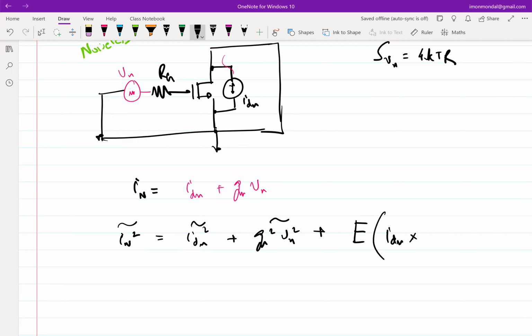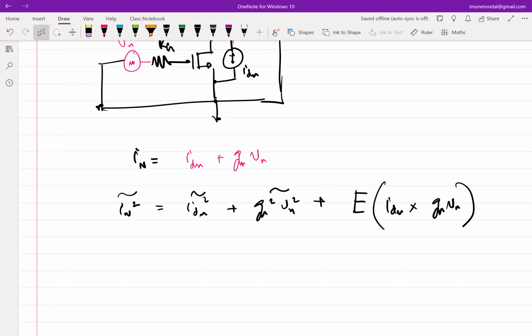When you find any statistical parameter, how do you find variance? You do a correlation, and then square it, so you get these cross terms between multiple terms. And this cross term is going to go to 0, because they are uncorrelated. So essentially you get the squares of the individual terms.